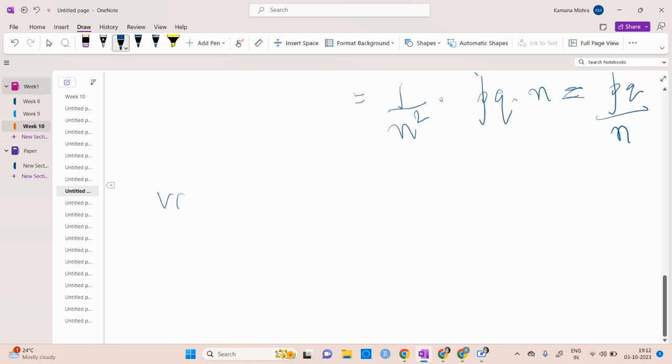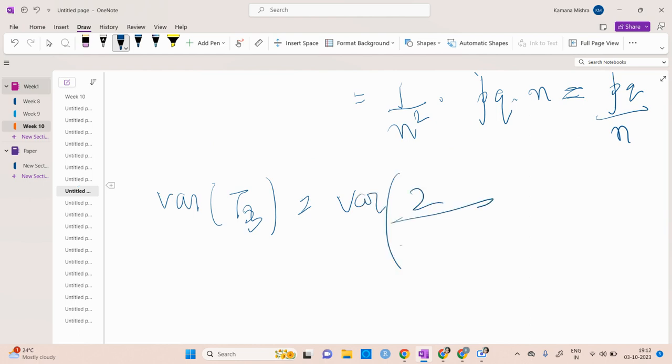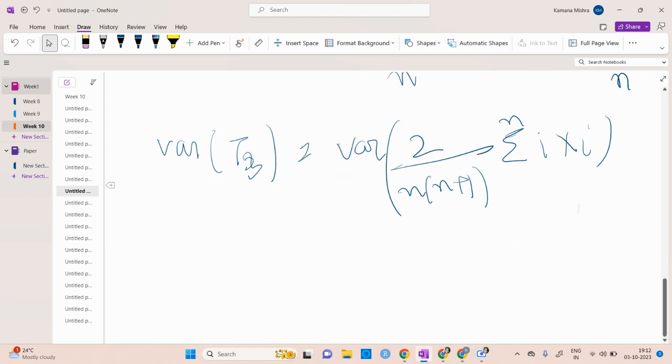Now variance of T3 is what? Variance of 2 upon n(n plus 1) summation i xi. So again, for all xi, variance is pq.